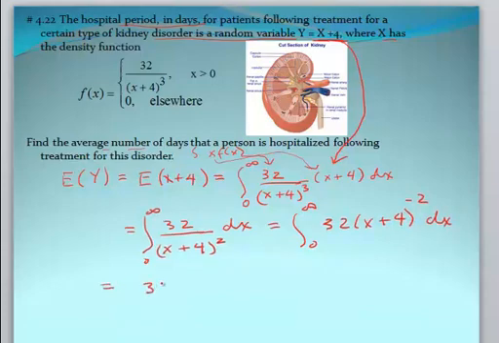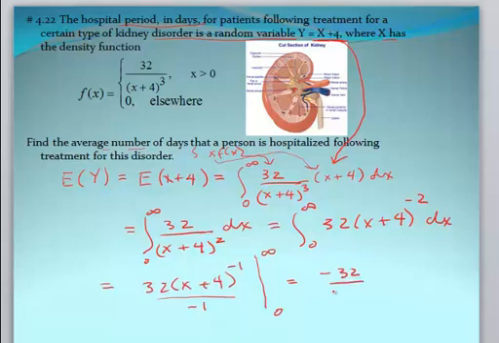And that becomes 32 times x plus 4 to the minus 1 over minus 1, and there's nothing leading the x, so we're good. And take that between infinity and 0. So in other words, we have minus 32 over x plus 4 taken from infinity and 0.